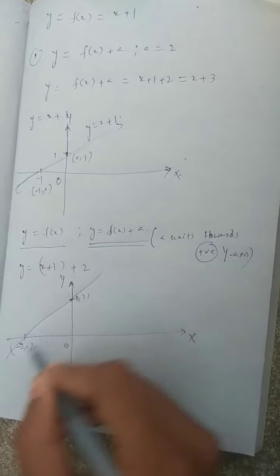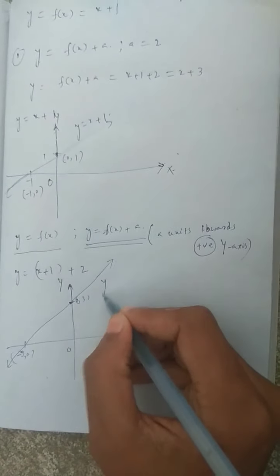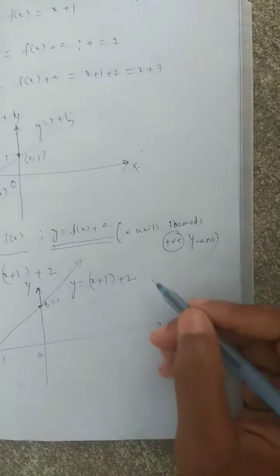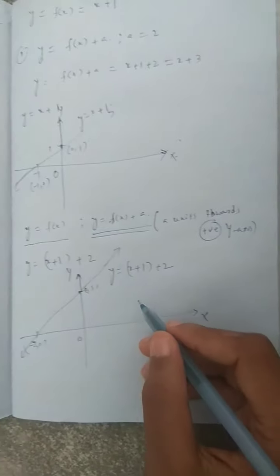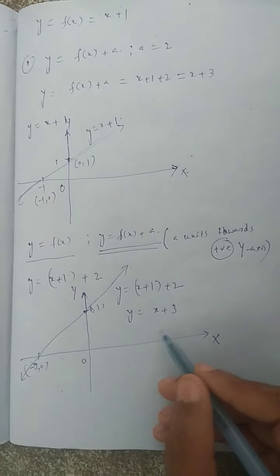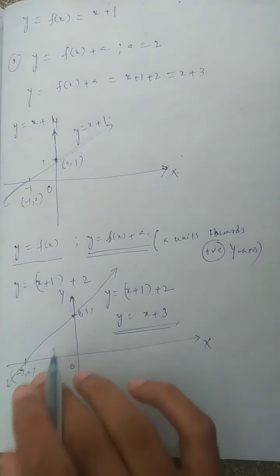And the line will be like this. This is y equal to x plus 1 plus 2. You can verify this graph with y equal to x plus 3, and the graph of y equal to x plus 3 is exactly the same.